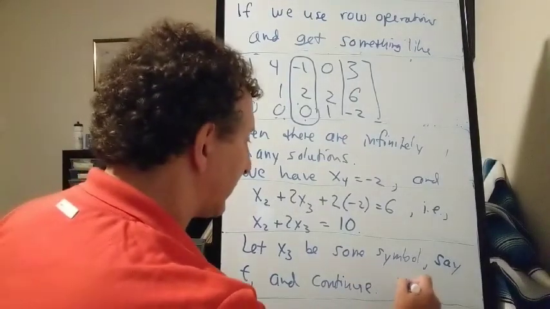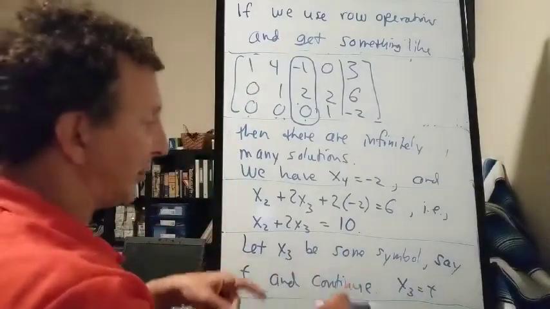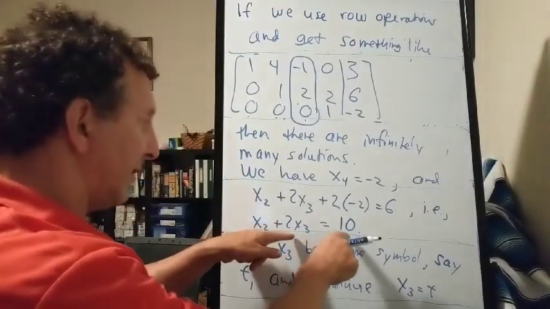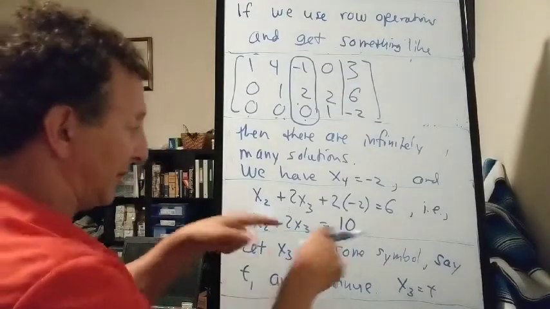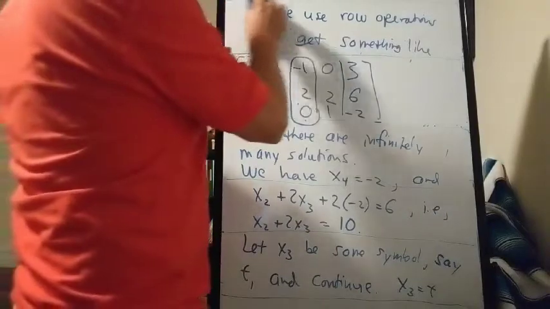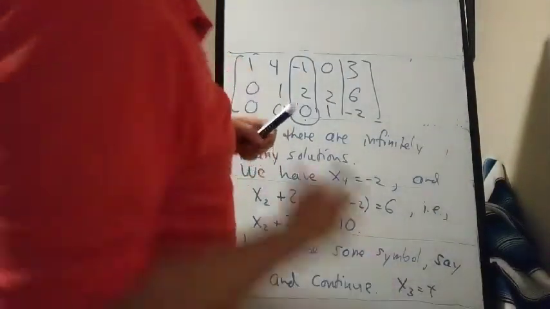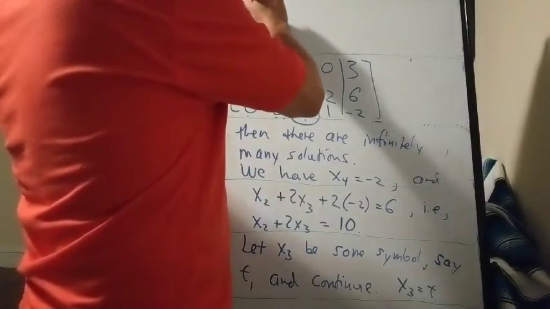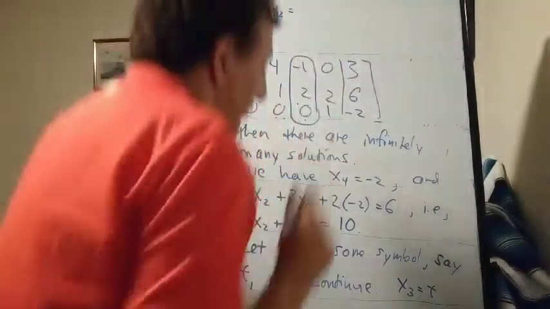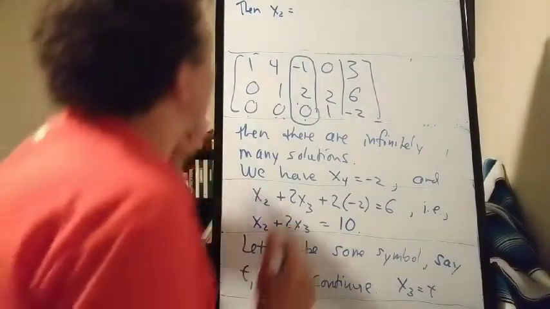So x3 equals t, and then pretending we know what x3 is, we can solve for x2 in terms of that. So x2 is, if that's t, x2 is 10 minus 2t.